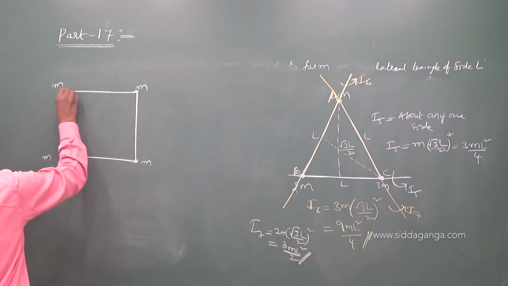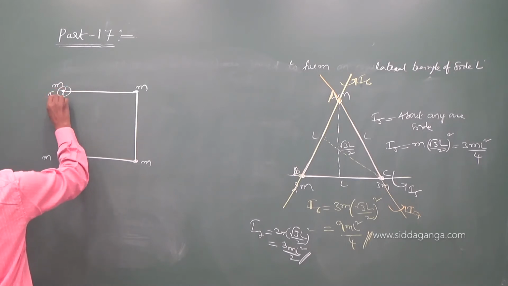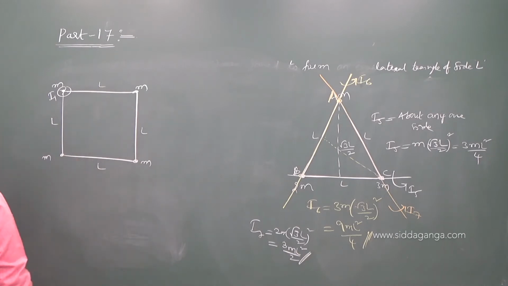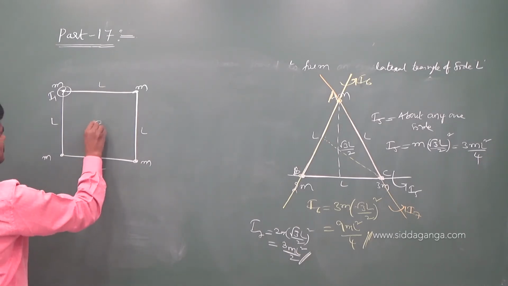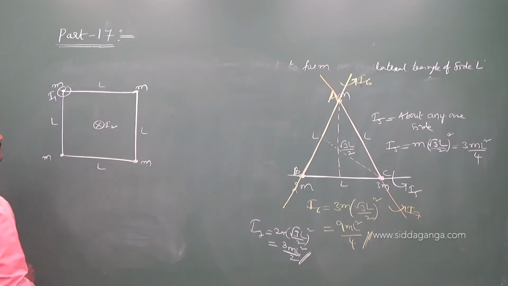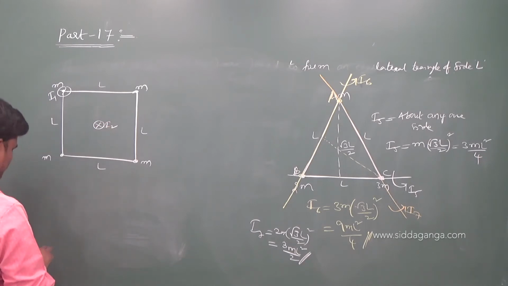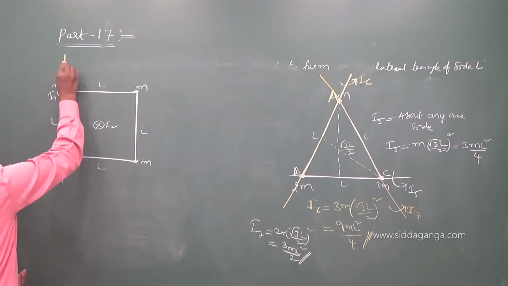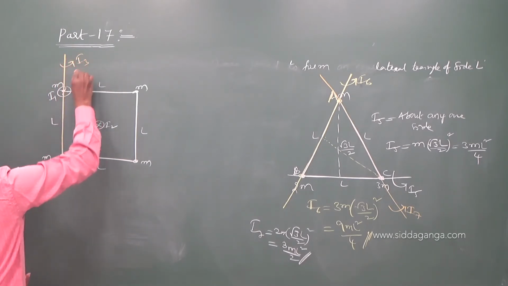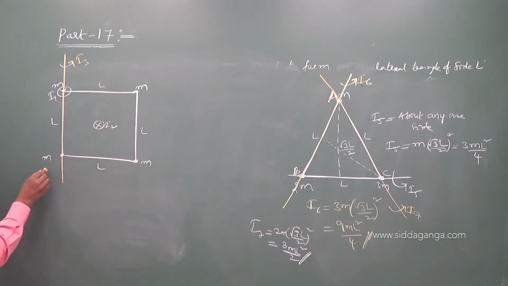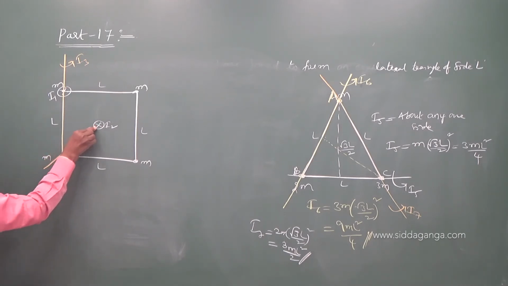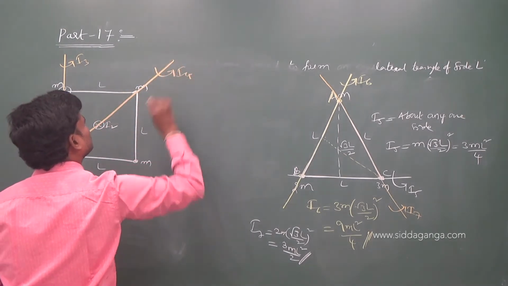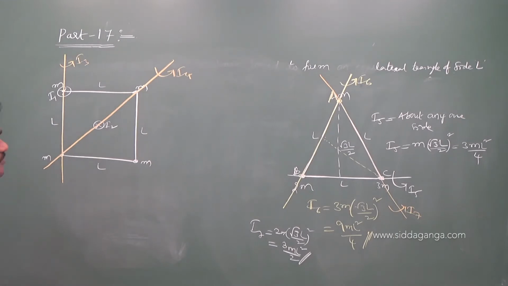Okay, now you find this one as I1, and this is something I2, I3, something I4. Got it?